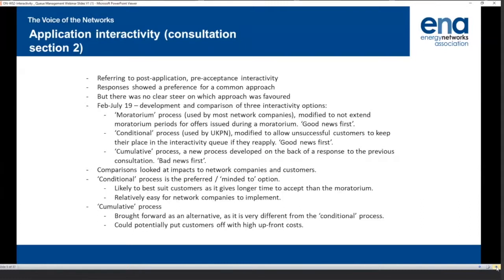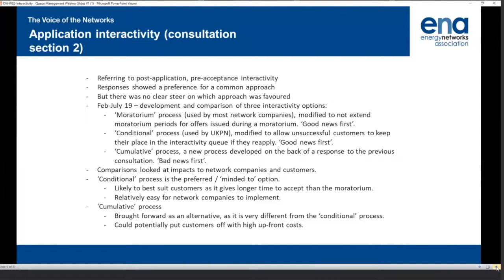The moratorium process you could talk of as a good news first approach to interactivity, whereby all offers are issued in isolation of other offers, so that you get the lowest possible cost offer up front. So good news first, there's limited or no reinforcement often up front.